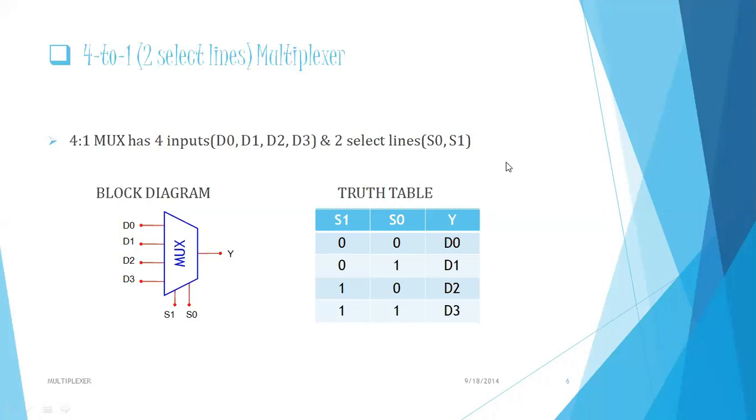The two selection lines give 4 combinations: 0 0, 0 1, 1 0, 1 1. So for a 4 to 1 multiplexer, we have to pass 4 inputs and two selection lines, and it will produce only one output.